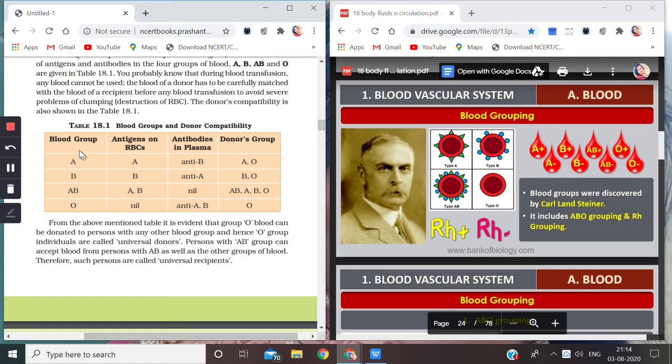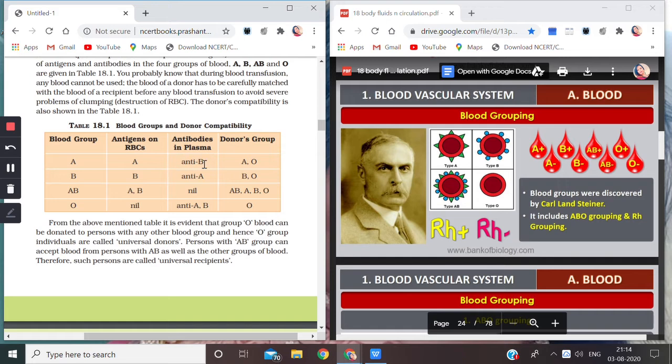The doctors tested the blood and found that his blood group is A. Now if in a hurry or due to some mistake this person was given blood B, what will happen? As soon as blood group B enters his body, the antibodies present in this person's blood, which antibodies does he have? Anti-B, you see.